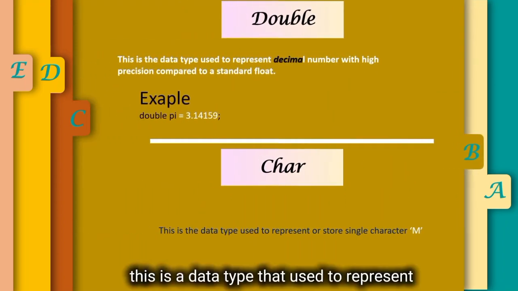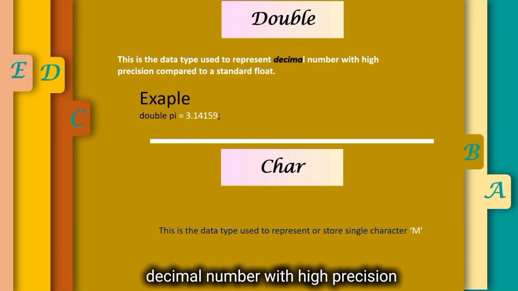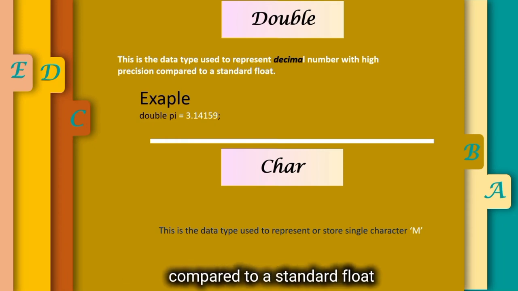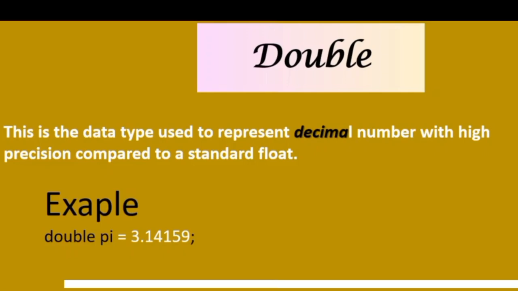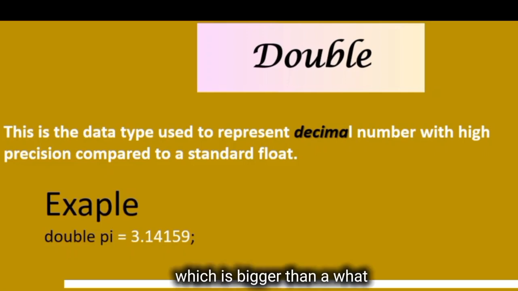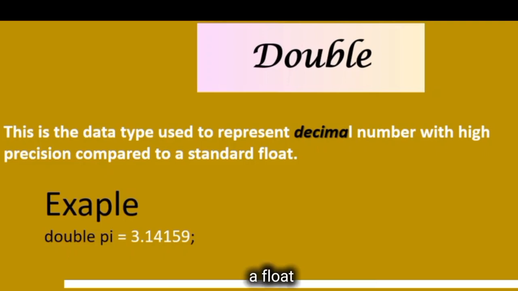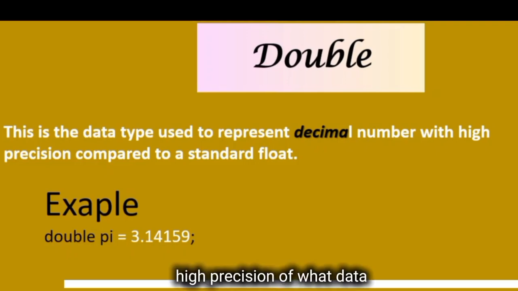This is a data type that is used to represent decimal numbers with high precision compared to a standard float. So if you have a decimal number which is bigger than a float can handle, we can't use float, we need to use a double. For example, if you need to use pi, we need to use double, because it has high precision.